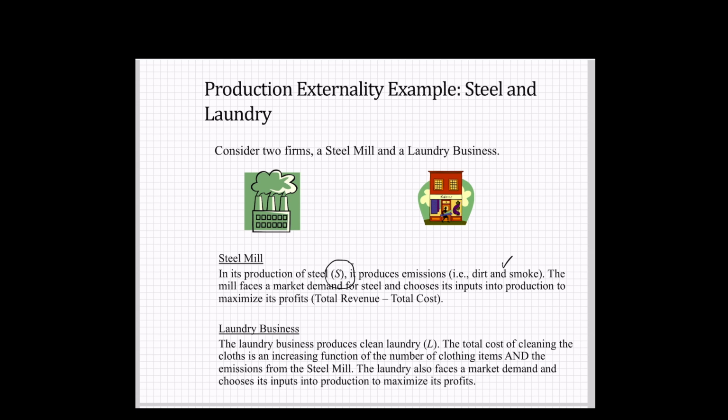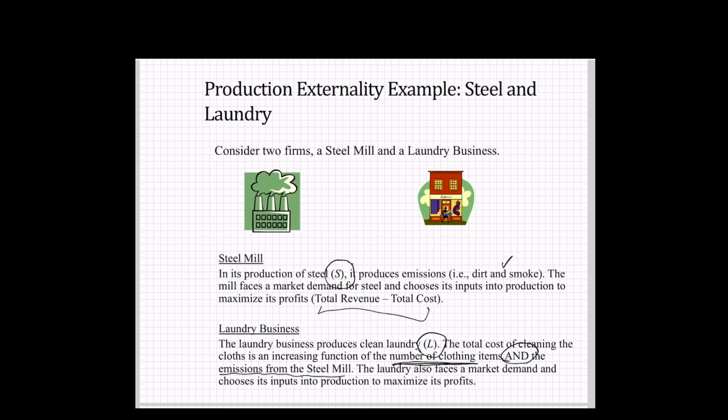The steel mill operates within a market of other steel firms, and so we're going to have this firm as a price taker in terms of steel production, and its total profit, of course, is total revenue minus total cost. The laundry business, in turn, is producing L. The total cost of cleaning the fabric is an increasing function of the amount of clothing it's cleaning, and this is the important part, the emissions from the steel mill.